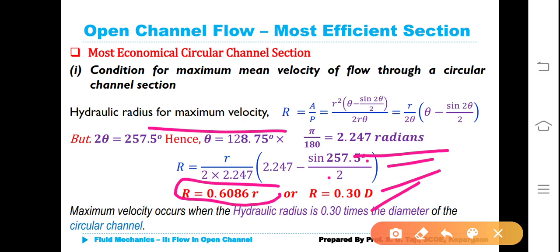Hence, we can conclude that maximum velocity occurs when the hydraulic radius is 0.30 times the diameter of the circular section.